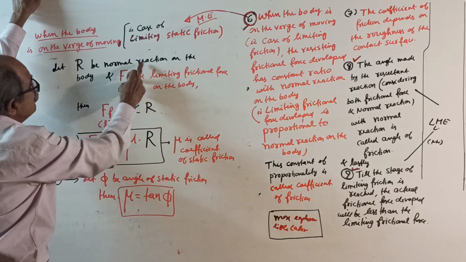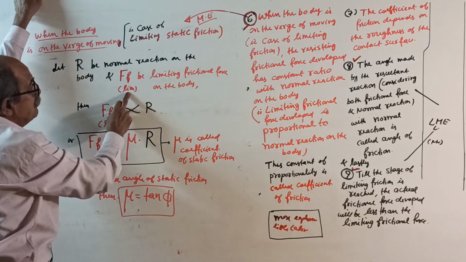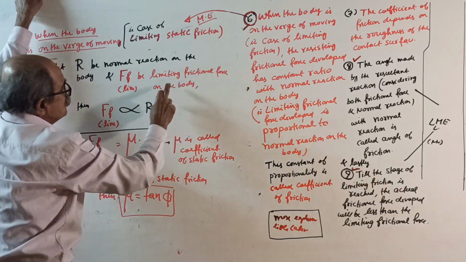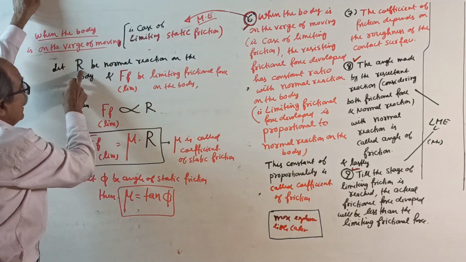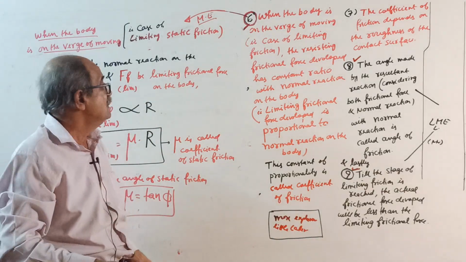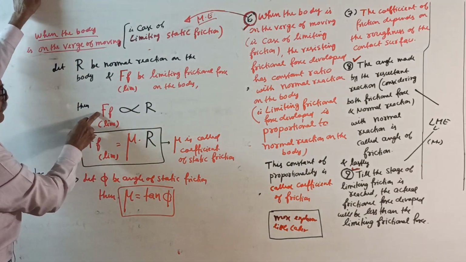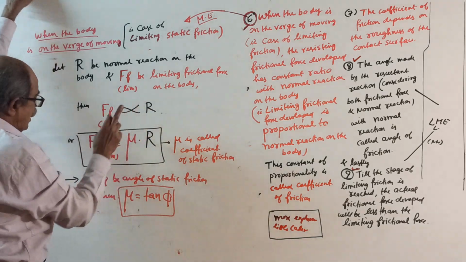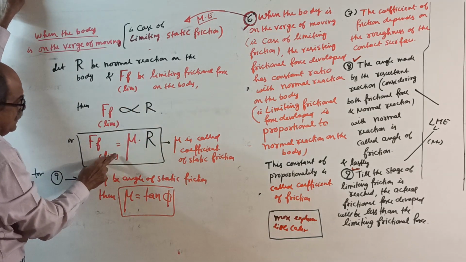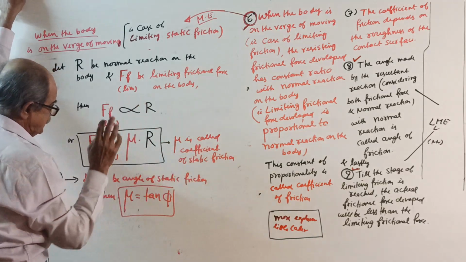Let R be the normal reaction on the body and F_lim be the limiting frictional force on the body. Remember, this R and F are acting on the body, very important. Then the limiting frictional force is proportional to R, or F_lim is mu into R. Mu is called the coefficient of static friction.